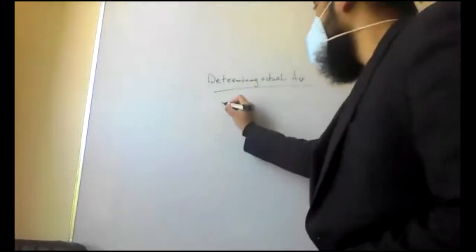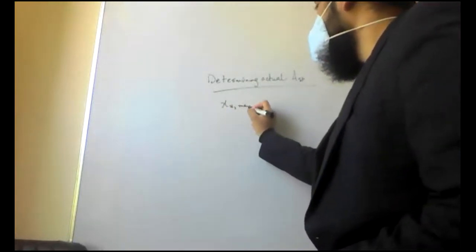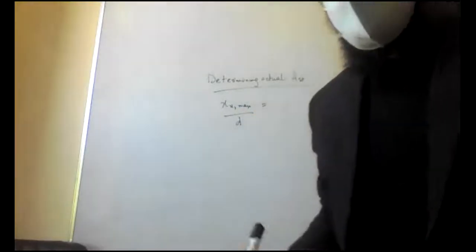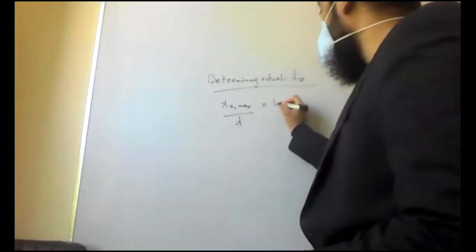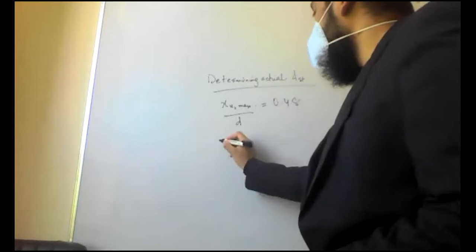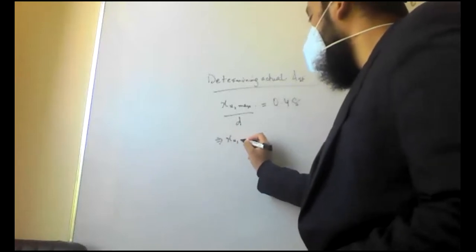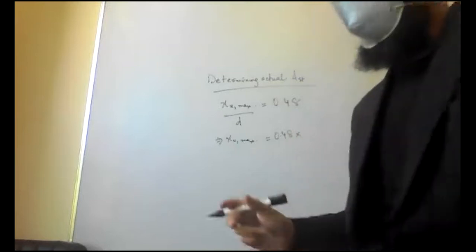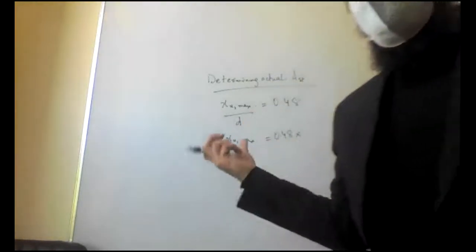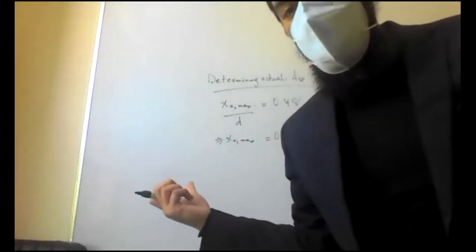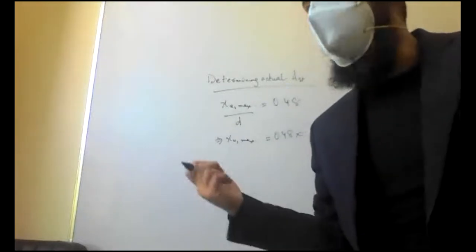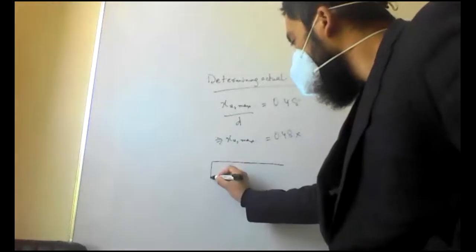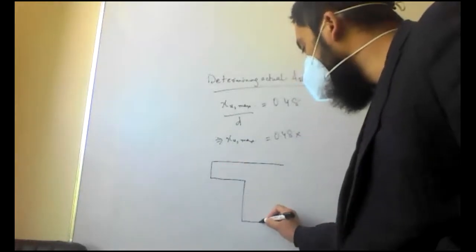Now, what is your Xu max by D? For Fe415, it is 0.48. So your Xu max is 0.48 into D. What is D here in this question? Are we aware what is the value of D here now? The actual one, after the assumptions have been done.